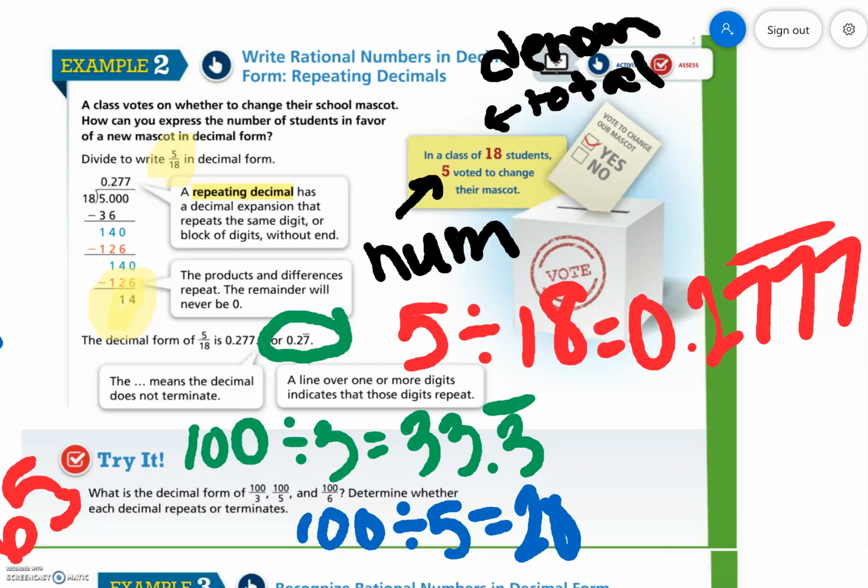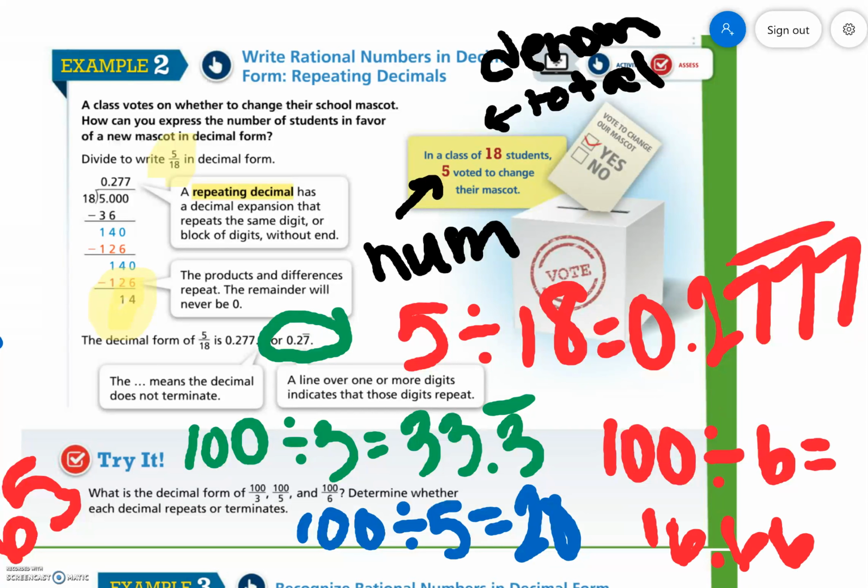So the first one was repeating. The second one is what? Terminating. Then lastly, we will do 100 divided by 6, which gives us 16.66 repeating.